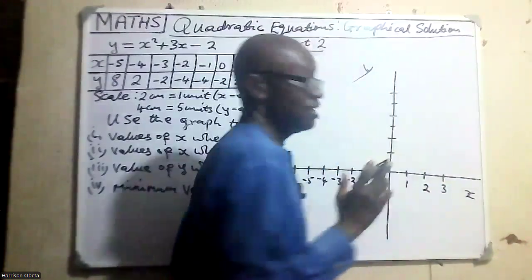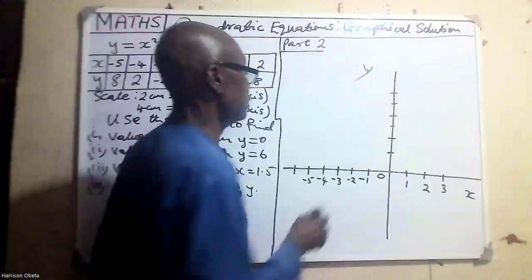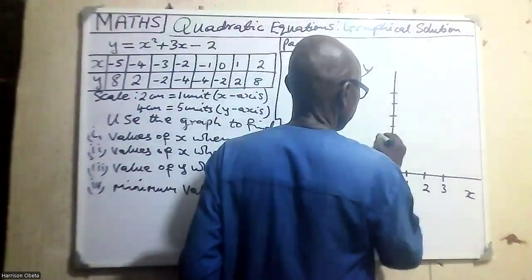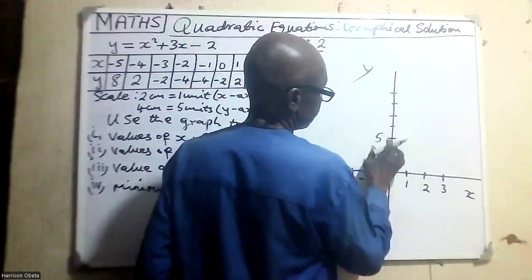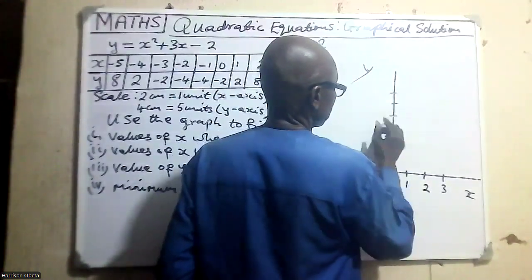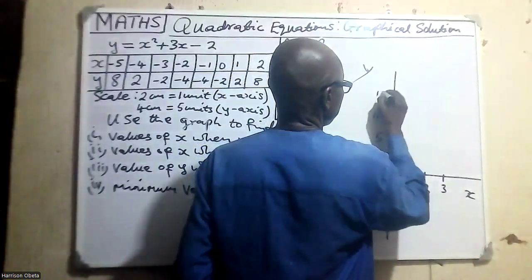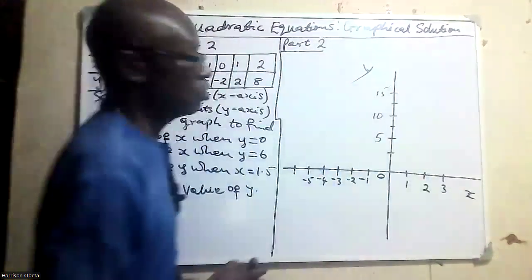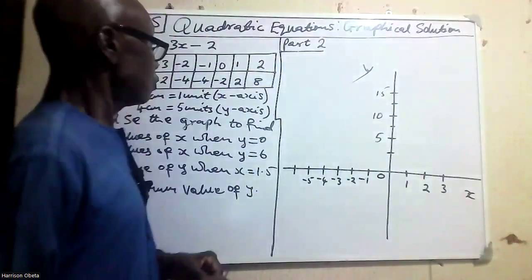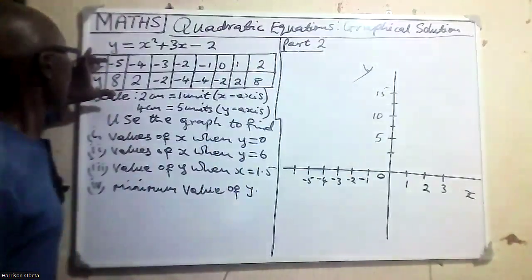So we are saying that 4 cm is 5 units. So we have 5 here, as 4 cm, this is 2, 2, and then another 2, 2. This should be 10, this should be 15. So we stop there. Now, we are going back to pick values.